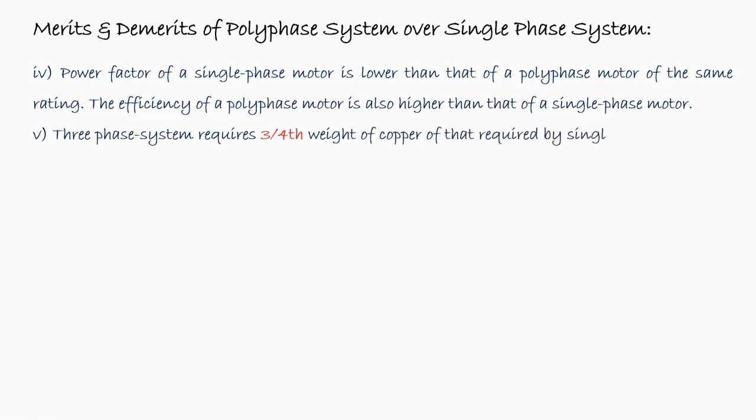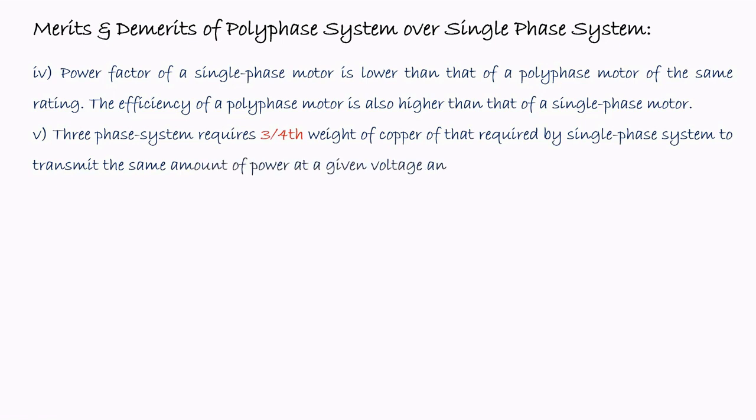The three phase system requires 3/4 the weight of the copper that is required by the single phase system to transmit the same amount of power at a given voltage and over a given distance. That means we have seen the transmission line. The power is transmitted from one place to another place through this transmission line.